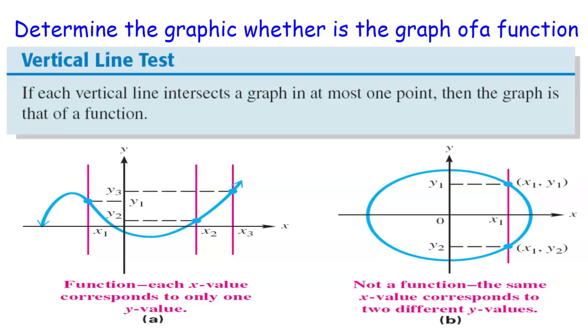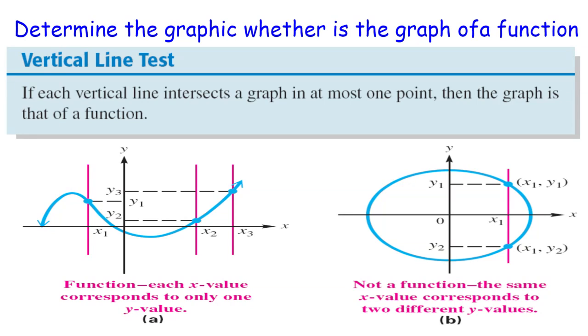Determine whether the graph is the graph of a function. Vertical line test. To determine whether a graph is the graph of a function, we use the vertical line test. If each vertical line intersects a graph in at most one point, then the graph is that of a function.